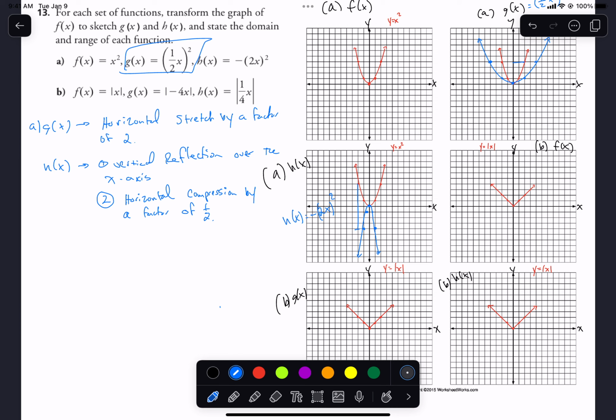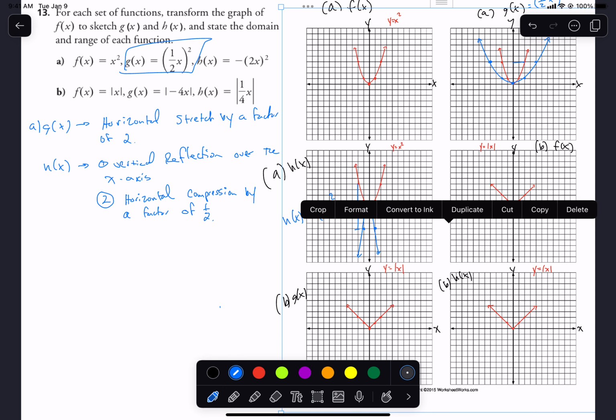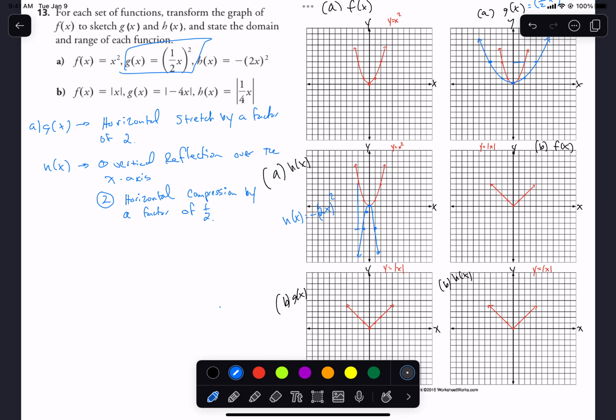Question B is dealing with a different function, so we kind of get a little break here. I've graphed the original. It's the absolute value graph, which has the appearance of a V. And what we're going to do is transform it. So in B, g of x says there's 2 transformations. Everything's on the inside of the function.